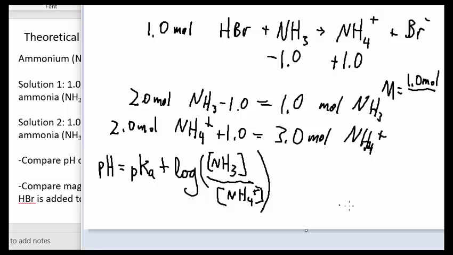We have 1 mole of ammonia and a total of 2 liters of solution since we combined 2 1-liter solutions. So we get 0.5 molar for our ammonia, and we're also going to divide by 2 liters here to get 1.5 molar for ammonium.